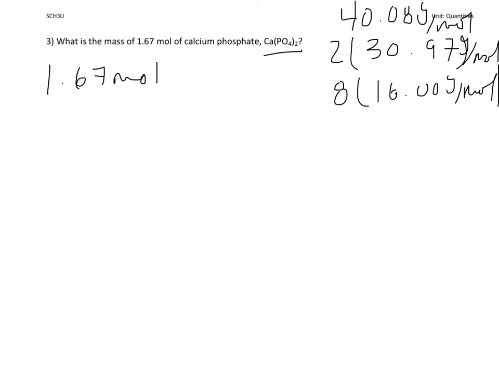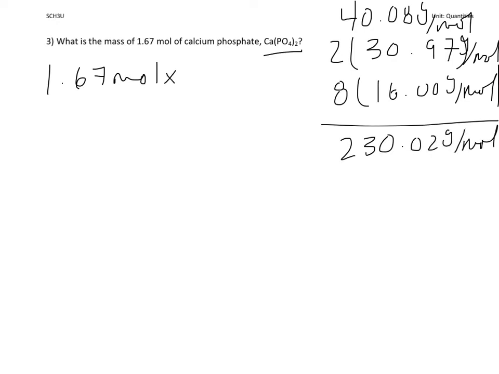Alright, so I'll do that math real quick here. 3 times 40.08 plus 2 times 30.97 plus 8 times 16 equals, so I got 230.02 grams per mole.